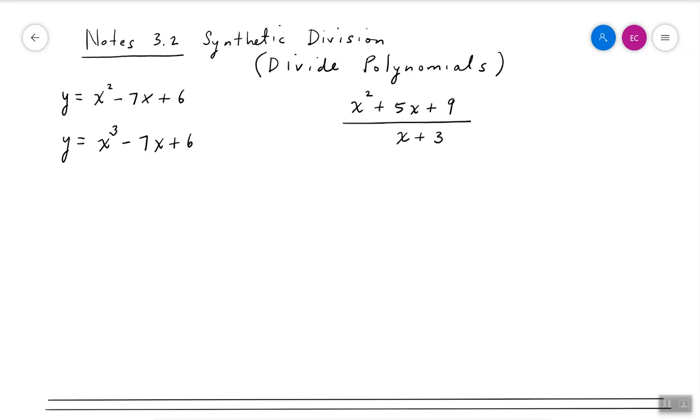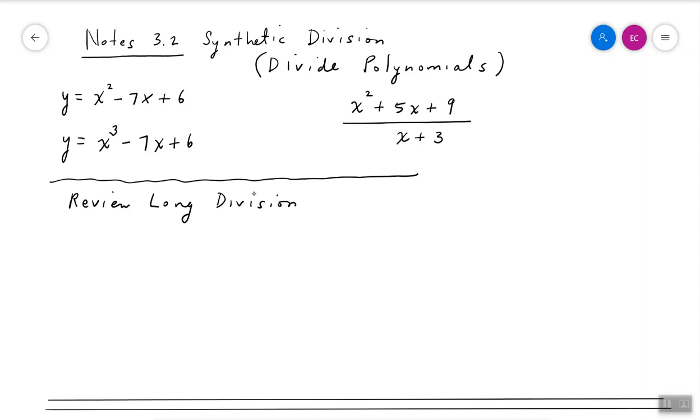Before we get to synthetic division, let's review long division that we learned in elementary or middle school. So let's have a quick review of long division, and then we'll go on to the new topic, the synthetic division.